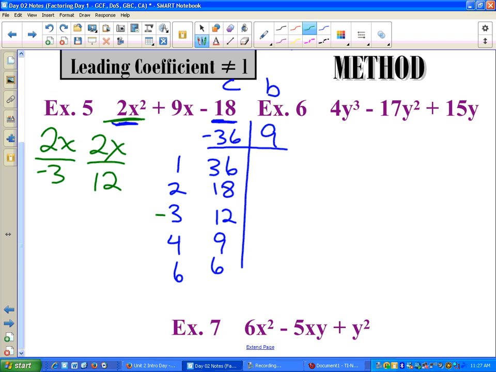My expectation is at least one of these will reduce in some way. My first term does not reduce, so I get 2x minus 3. My second term does reduce, x over 6. So that's x plus 6.